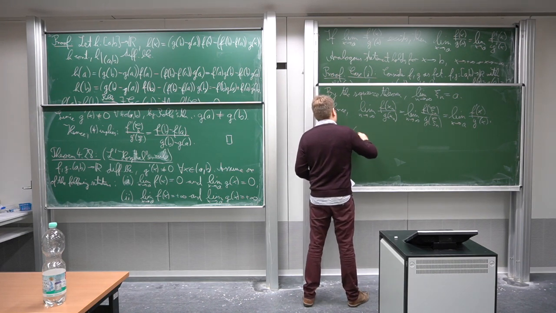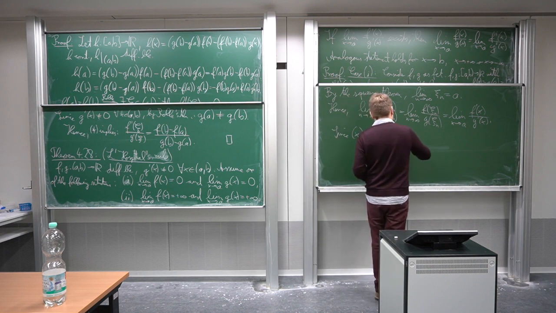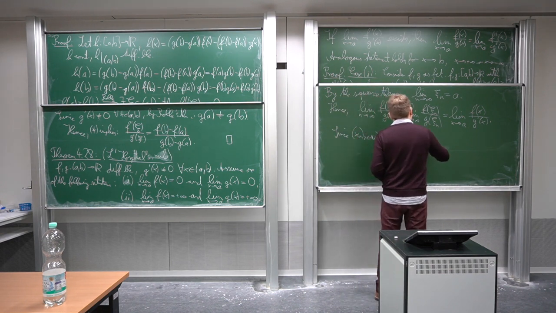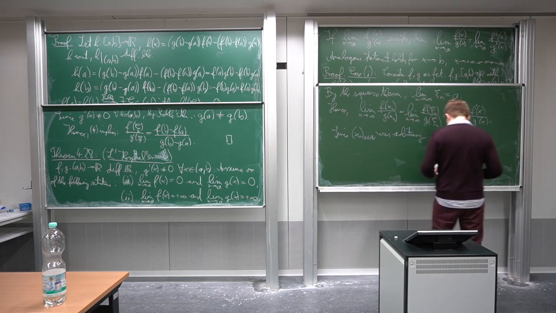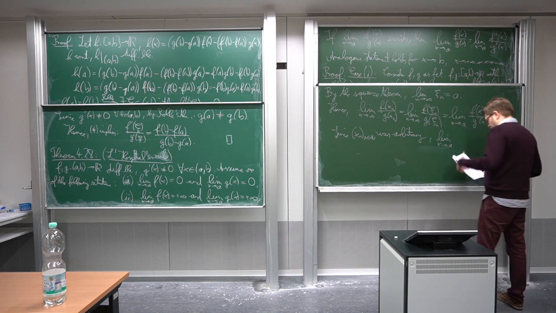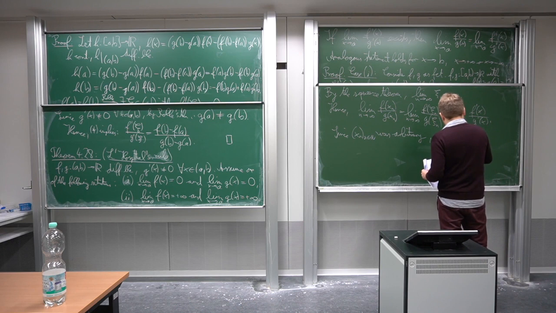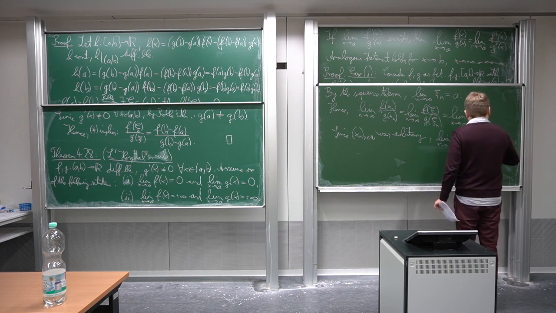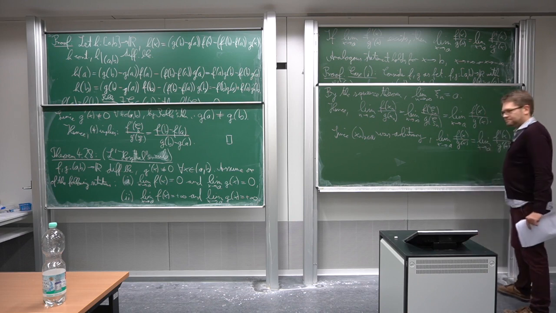Since x_n, n in N, was arbitrary, it follows, by the theorem on the connection between limits of functions and limits of functions evaluated at sequences, that the limit for x going to a of f of x divided by g of x is the same as the limit as x goes to a of f prime of x divided by g prime of x. And this is what we wanted to show.